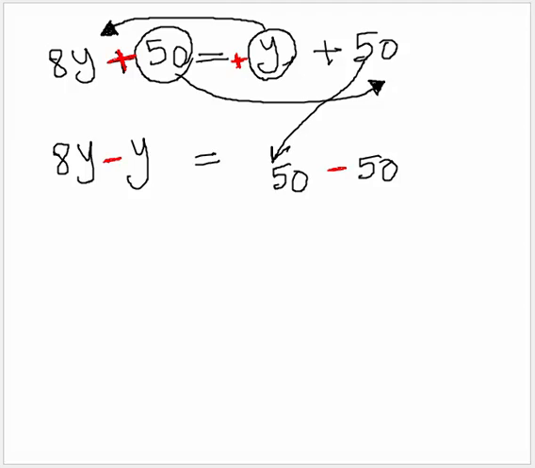What we're really doing here is we are subtracting y from both sides of the equation. At the same time, you're subtracting 50 from both sides of the equation. And in that case, then we would get 8y minus y would give you 7y is equal to 0. Now, I want to make sure you follow up to this point.